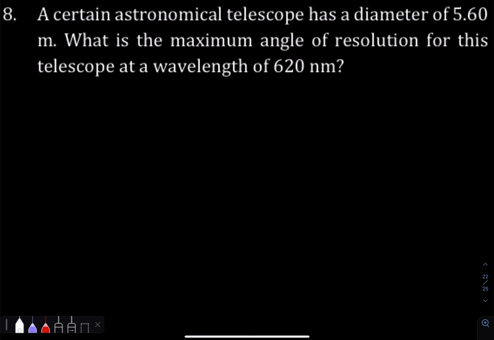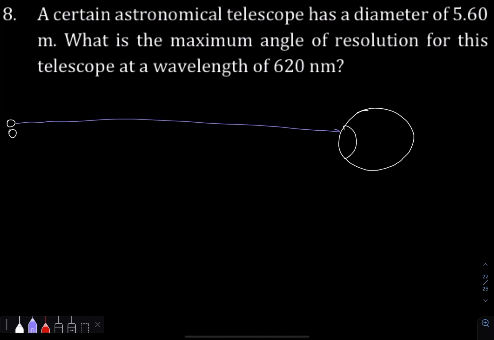This is called resolution. So if you're looking at something and it's coming toward your eye, let's say we have a light source here, right? Two points very far away, and your eye is trying to see what's going on. When they're so far away, it's actually going to be kind of difficult to tell the two points apart, right?